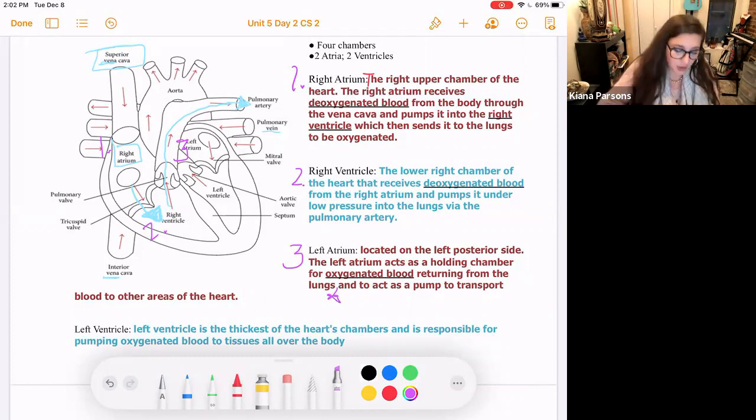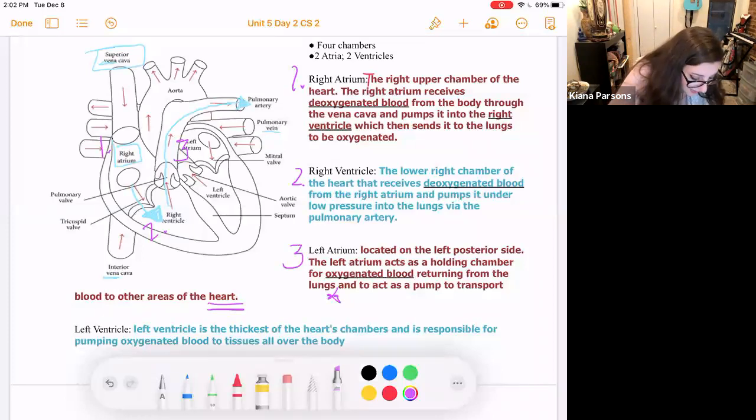So the left atrium supplies blood to the heart, right? Your heart needs blood supply. So your left atrium supplies that blood to the heart to keep the heart cells functioning and healthy, right? Because the cells in our heart also need to carry out cell respiration.